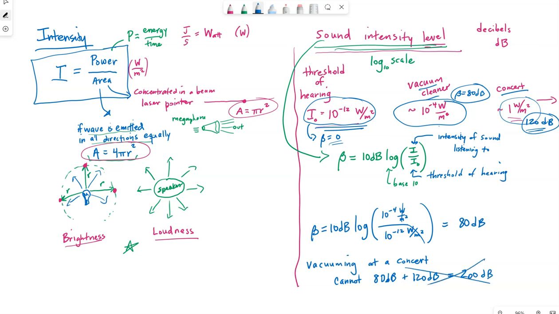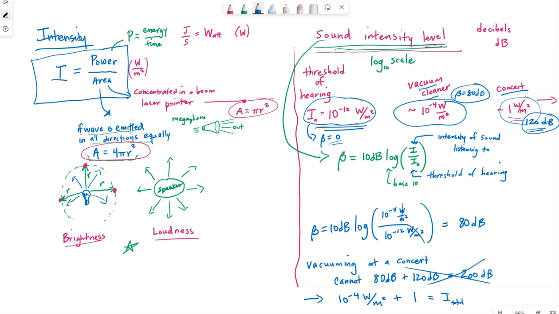This is not valid, and that's because this is a logarithmic scale. We would need to add the intensity from the vacuum in watts per meter squared to the intensity of the concert, the speakers, to get a total intensity.